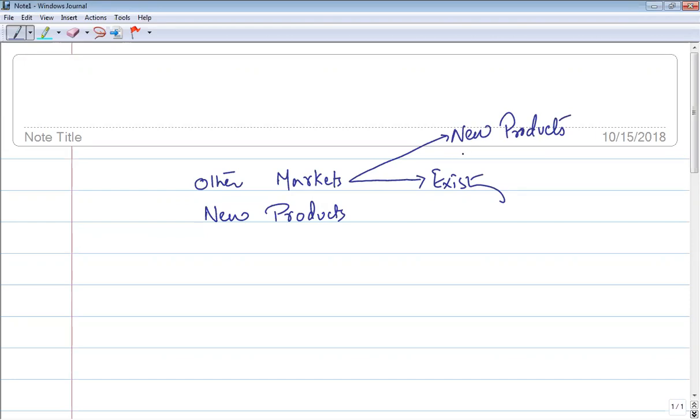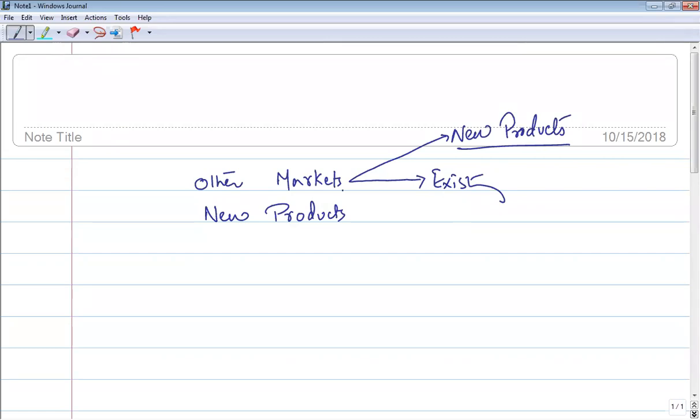We can enter new markets with new products. Maybe the market that we are entering has different needs than the needs of the customers in our existing market. So maybe we cannot enter a new market with the existing product. The needs are different, so we have to come up with a new product. This is one of the possibilities.